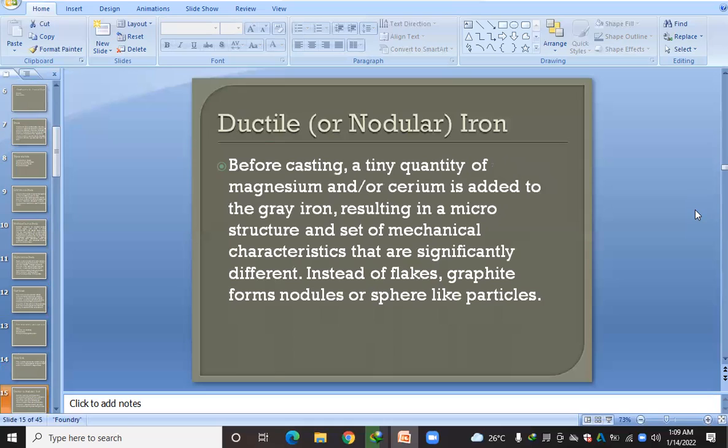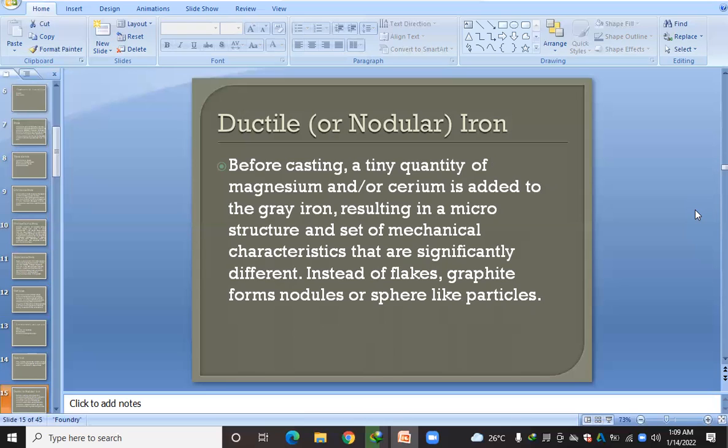Next is ang ductile or nodular iron. Before casting, a tiny quantity of magnesium and/or cerium is added to the gray iron, resulting in a microstructure and set of mechanical characteristics that are significantly different.